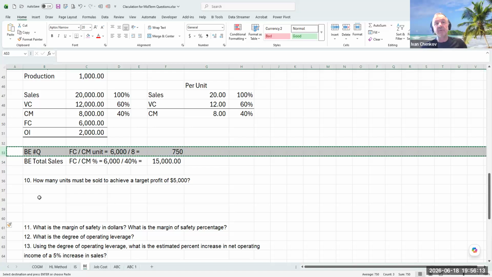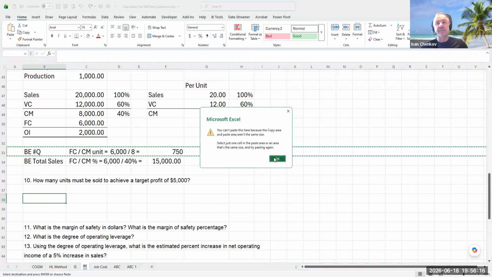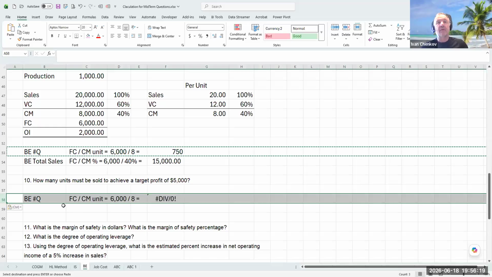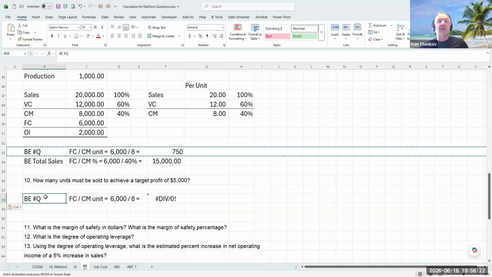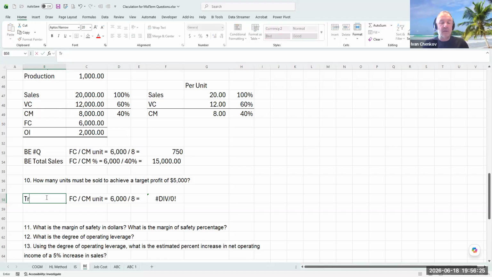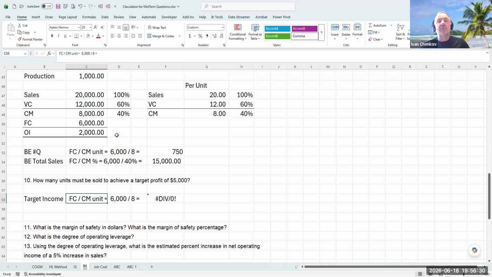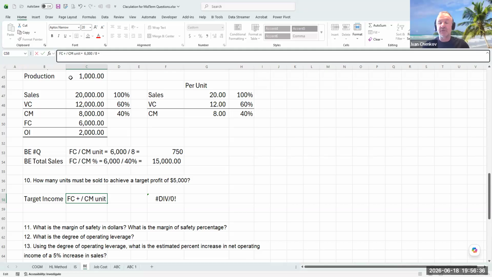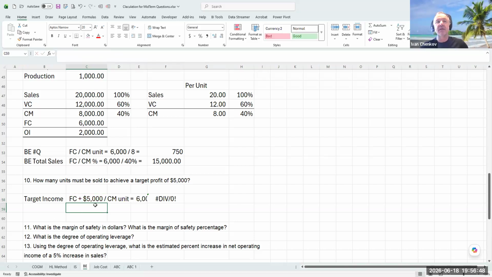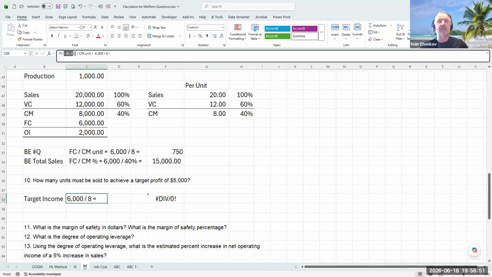Well, simply what we're going to do is still use this formula, but for the target income, I'm going to add to the fixed cost the profit that I want to achieve, which in this case is $5,000. And once I add this profit to my fixed cost, that means I have to cover the fixed cost plus generate an extra $5,000. Once I do that, I will achieve the break-even.